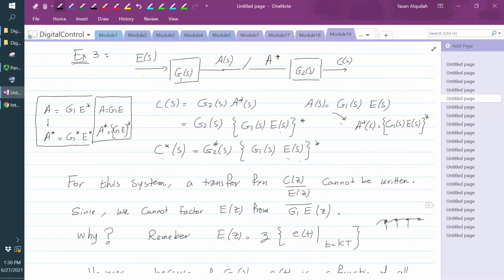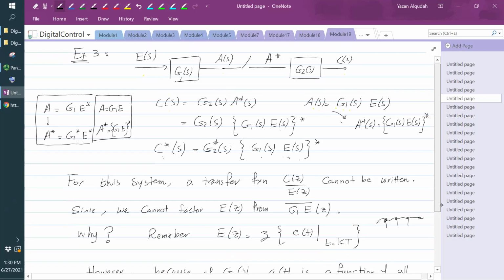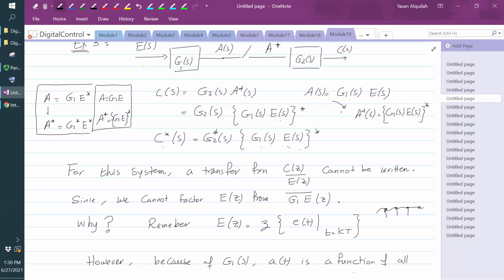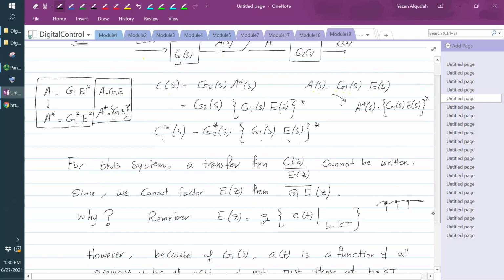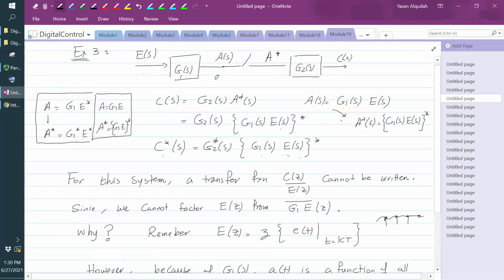Now what happens here? I have E of S going through G1 of S to give me A of S. Now at the right side, at G2, I have the samples of A of S going through G2 of S. However, the input signal A of T is a result of the output of G1 of S when I applied E of S to it.